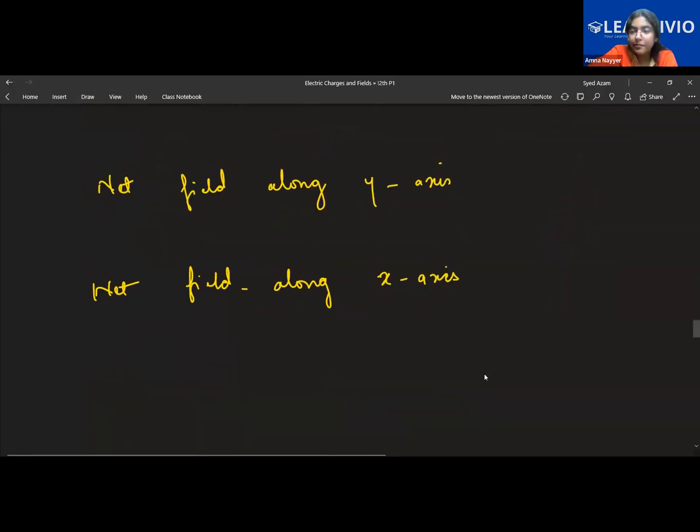So if the magnitude is the same, when we are calculating the net electric field along y-axis, I am writing both the electric fields as E because the magnitude is the same. E sine theta minus E sine theta. They will cancel each other. Net electric field will become 0.